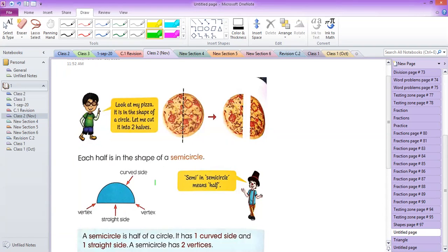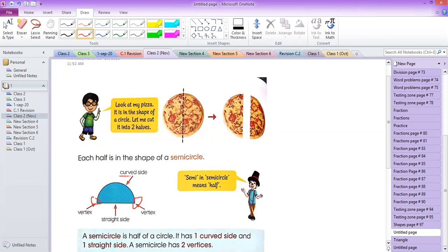So a semicircle has one curved side, one straight side, and two vertices. I can show you the vertex, guys. Look here. This is a vertex, and this is also a vertex, and this is the side. It has two sides.